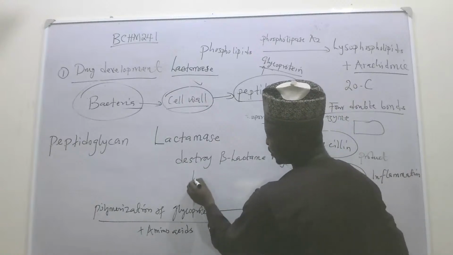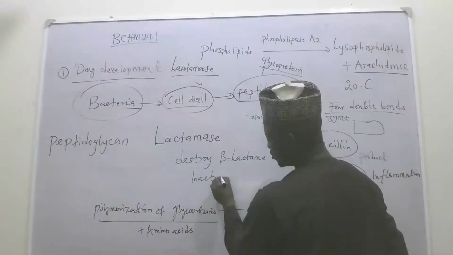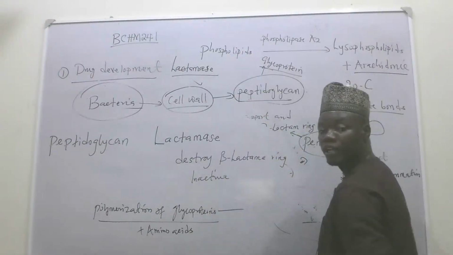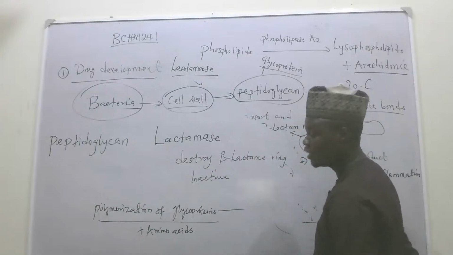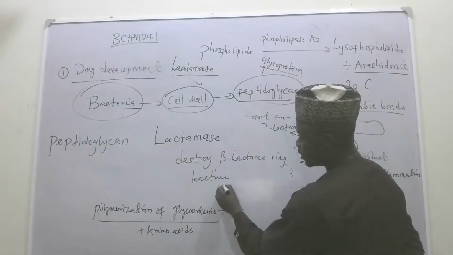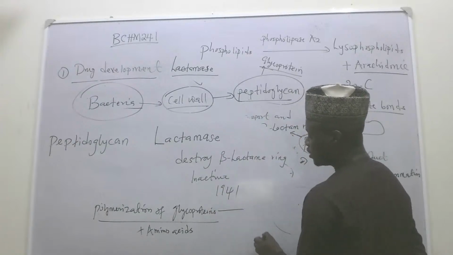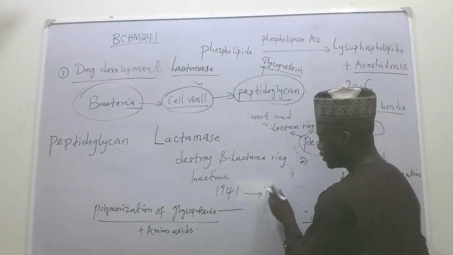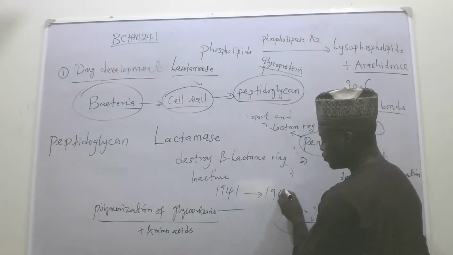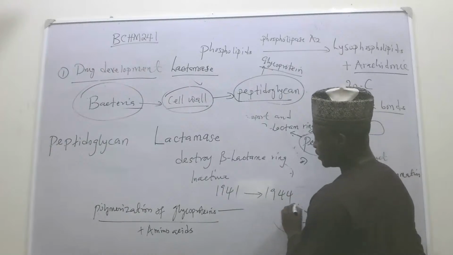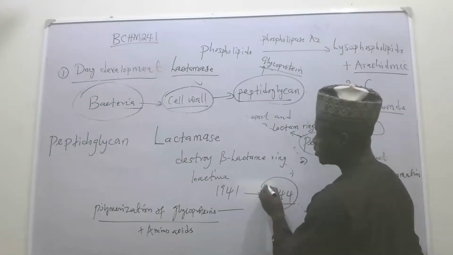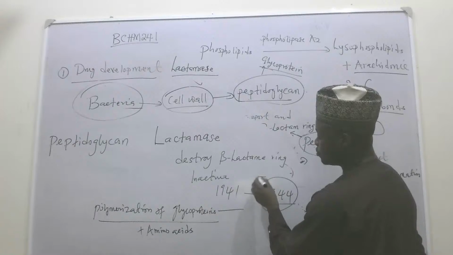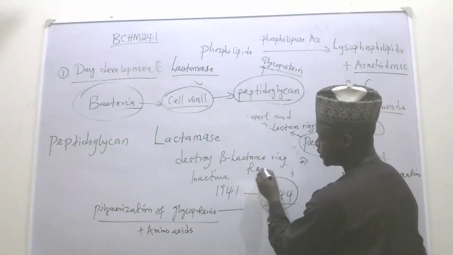Therefore, the penicillin will become inactive. So the scientist that produced the first penicillin is Alexander Fleming in the year 1941, and later on in the year 1944, the penicillin became inactive.